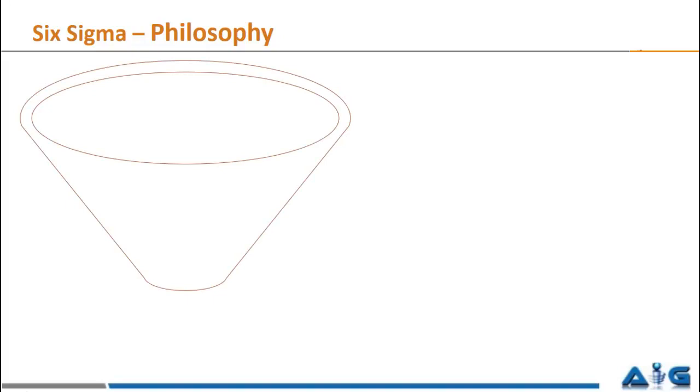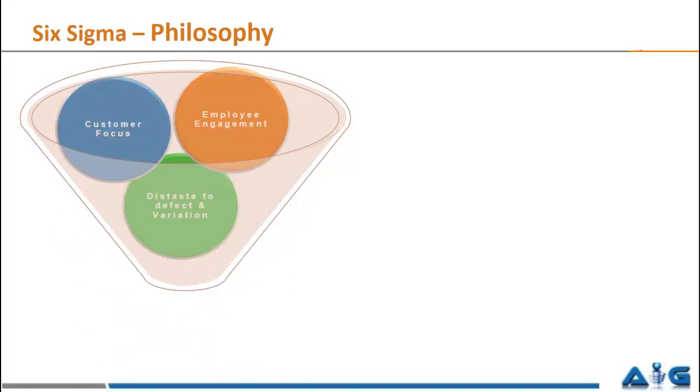Six Sigma in its implementation journey had a lot of lessons for leaders, and three key takeaways were distaste to defect and variation, customer focus, and employee engagement. To be able to build the requisite DNA for a good Lean Six Sigma implementation, it was understood that customer focus, employee engagement, and distaste to defect and variation were very important elements to be considered while in the journey of making improvements.